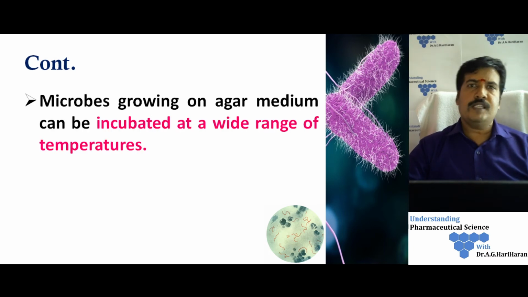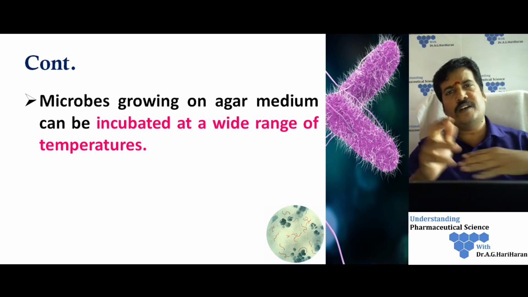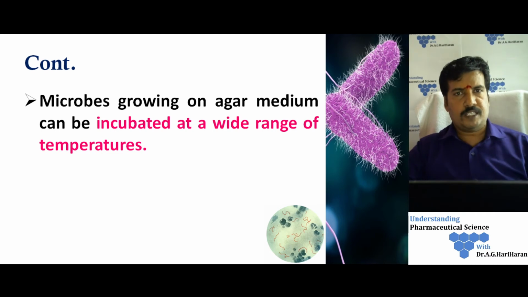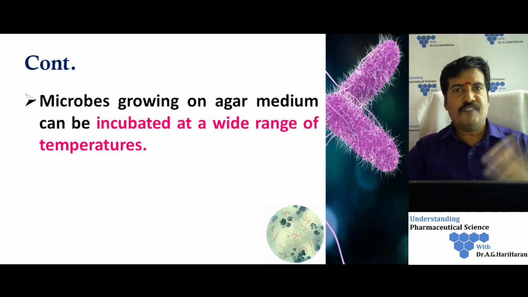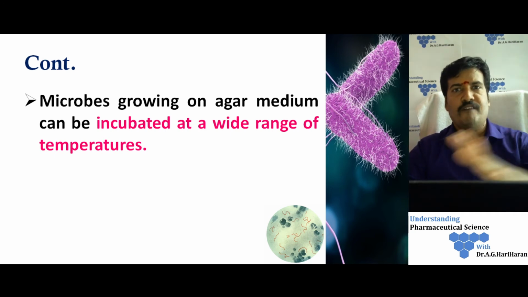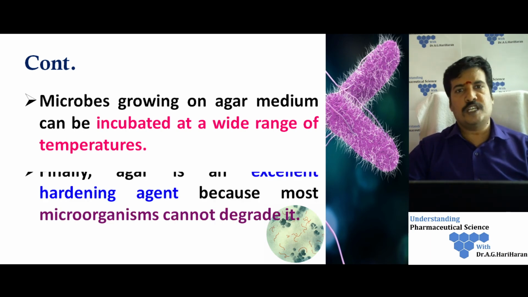Second, once we grow a microorganism on agar medium, we can grow it at different temperatures, because the microorganism may be a psychrophile, mesophile or thermophile, whatever it may be. Different incubation temperatures can be used with the agar medium without affecting its physical state. It will be in solid state only.